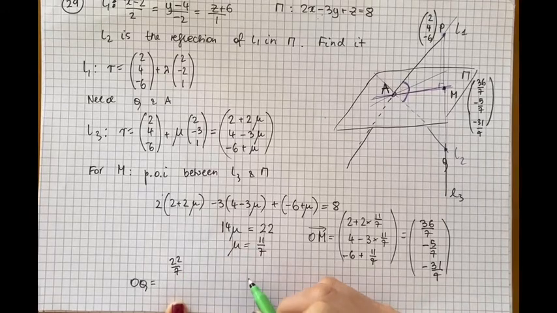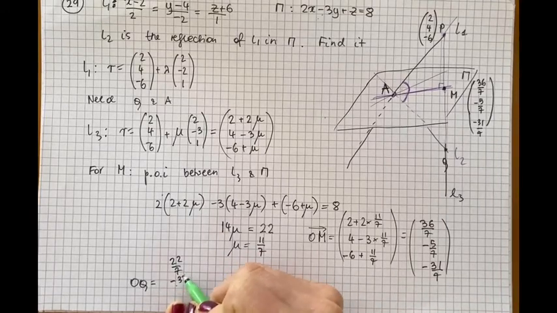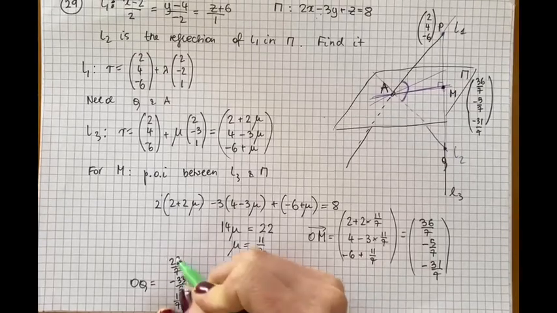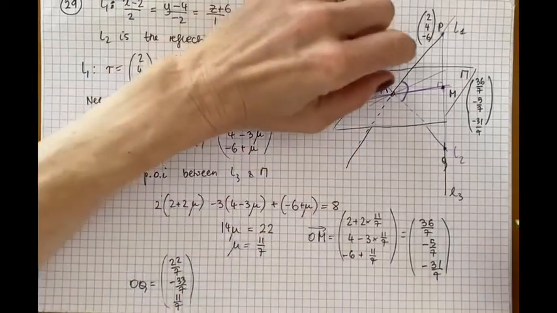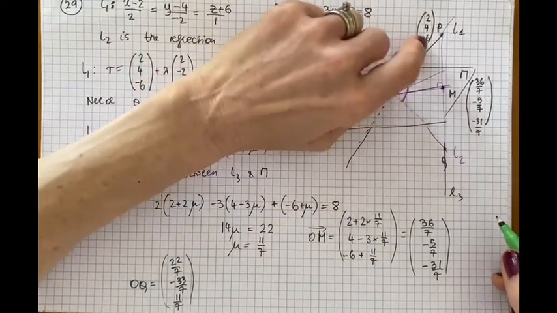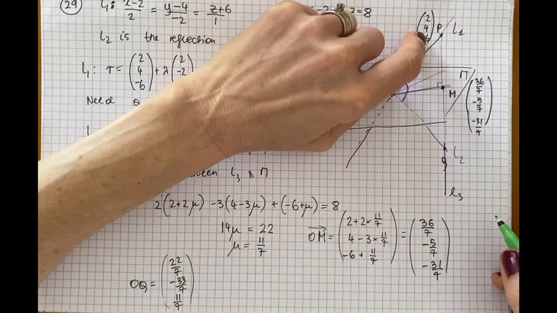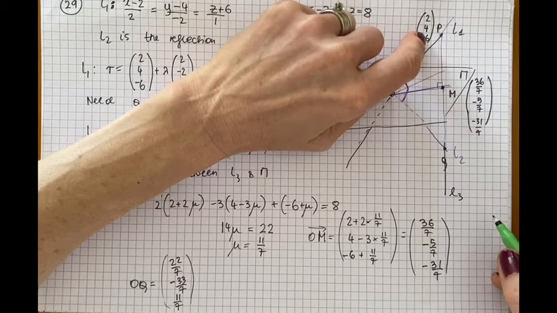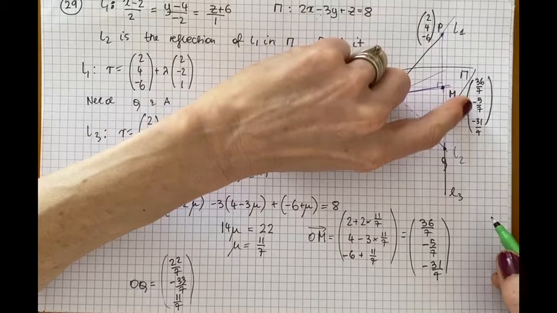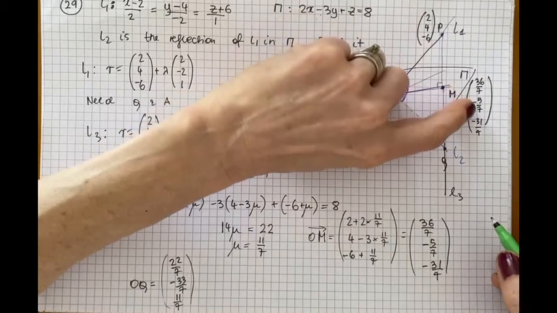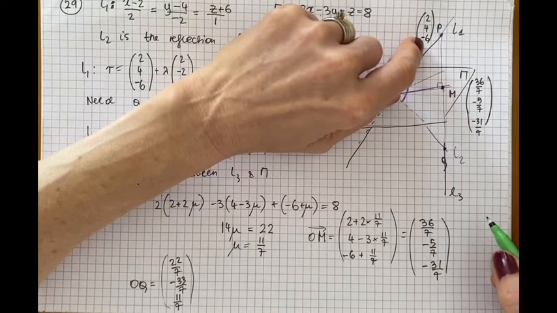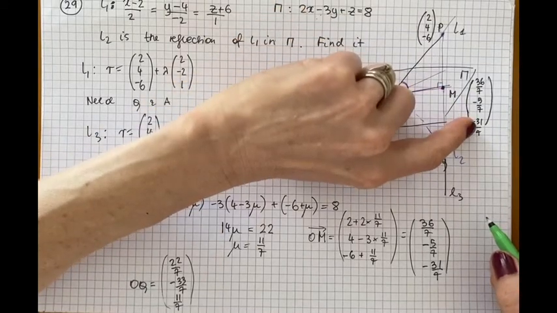Then you've got minus 33 sevenths and then 11 sevenths. Let me just double check. From 4 to minus 5 sevenths, so that's 28 to minus 28 sevenths, down to minus 5 is minus 33. And just double check, minus 42 up to minus 31 is 11.